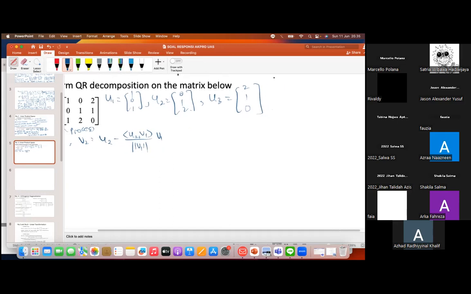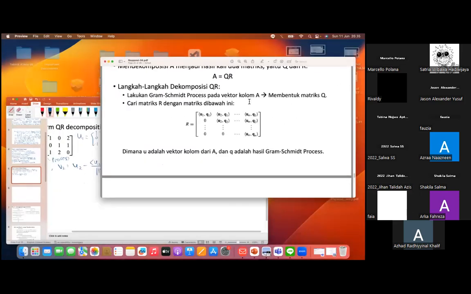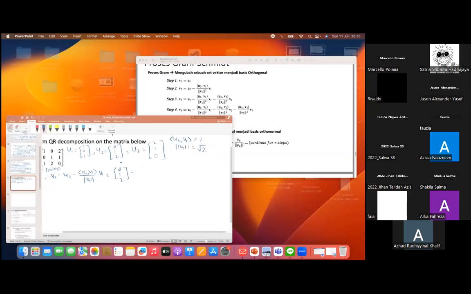And <u2,v1> is 2. The length of v1 is square root of 2 if you calculate it. So we just plug in those values: 0, 1, 2 minus, wait, oh, there's a square there.